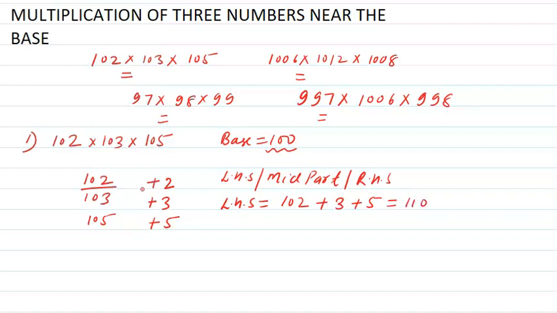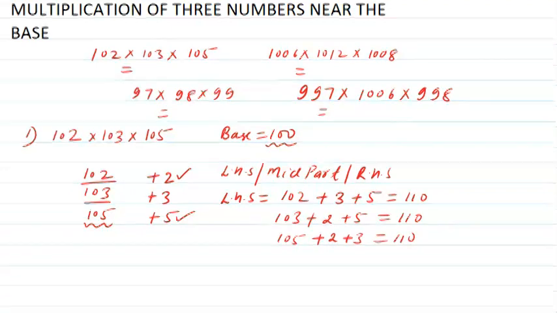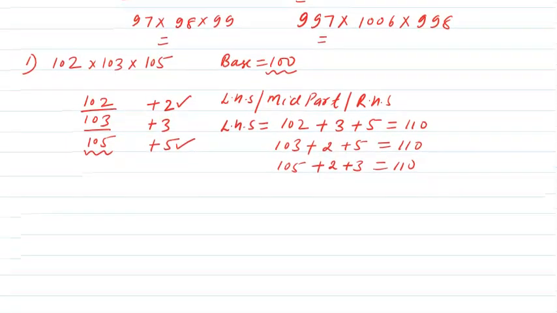I could also have taken 103, then in that case I need to add the surplus of the other two numbers, that is 2 plus 5, and again I will get 110. If I take 105, then I need to add plus 2 and plus 3, so I will get 110. You don't have to do all this, I'm just showing you for your understanding that it can be calculated by any of the methods, right?